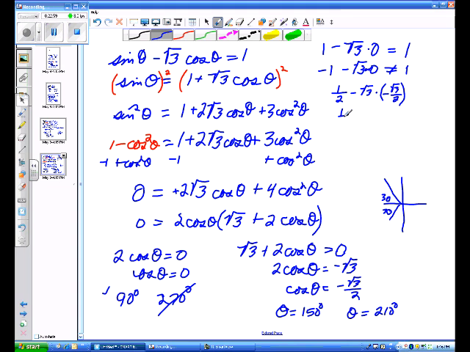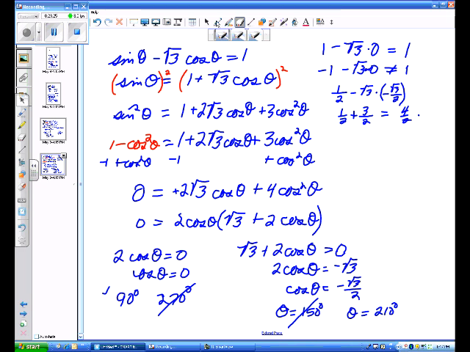So we have 1/2 plus, square root of 3 times the square root of 3 is 3 over 2, which gives us 4 over 2, or 2. Well, that doesn't equal 1.